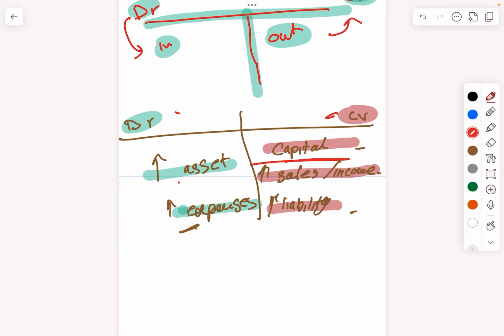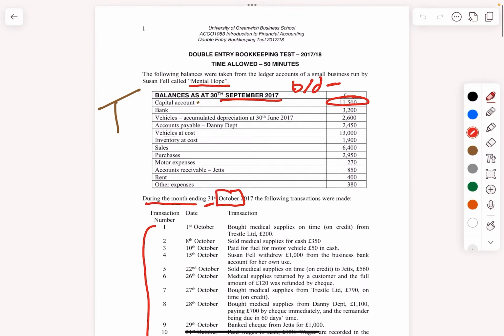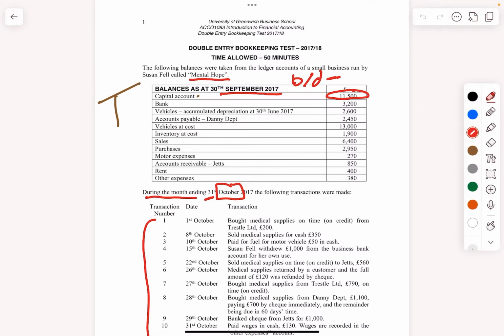And under the credit will be capital, sales, any income, any liabilities, so depreciation, and so on. I'm going to do a T account for all of these and put balance brought down for each of them.